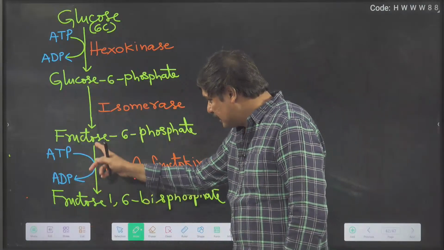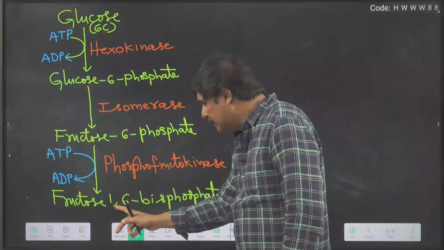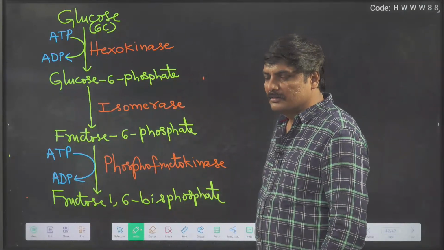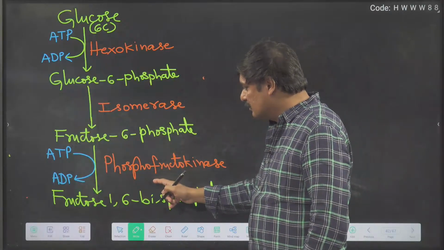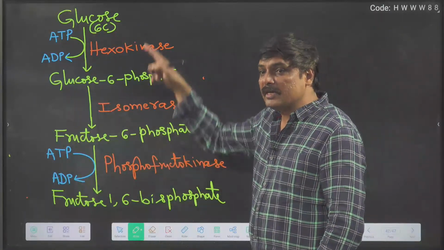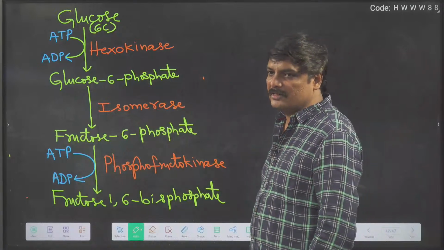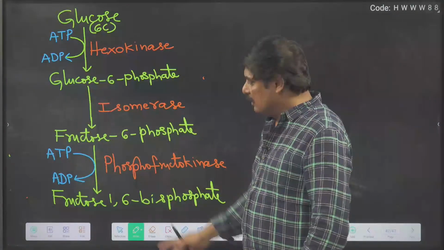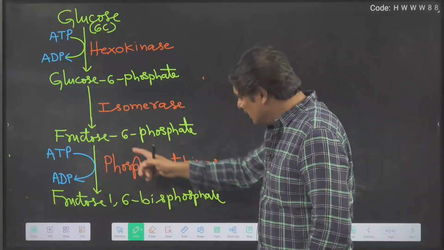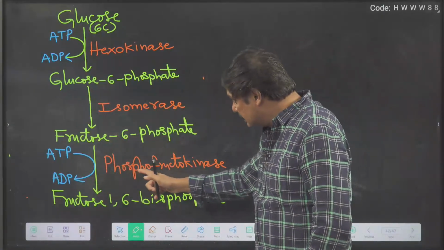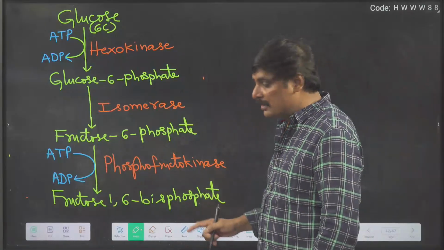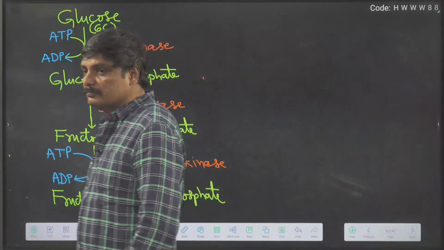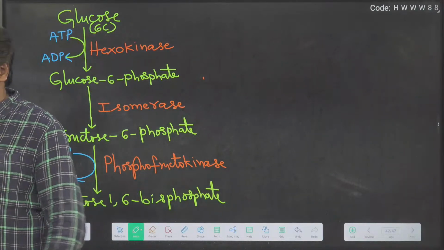This second phosphorylation product is fructose 1,6-bisphosphate. In the sequence you can say second phosphorylation, because the first phosphorylation is where one ATP is used. Here one more ATP is used, and this is catalyzed by a pacemaker enzyme called phosphofructokinase.